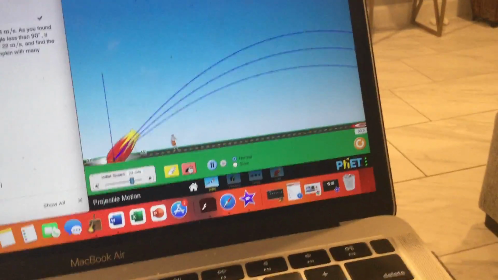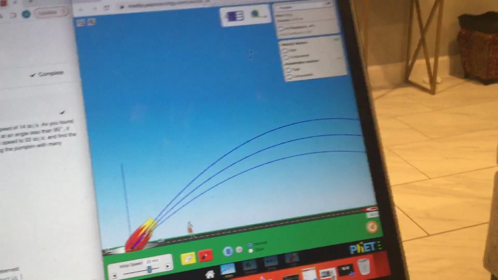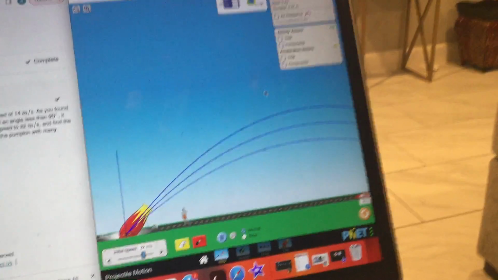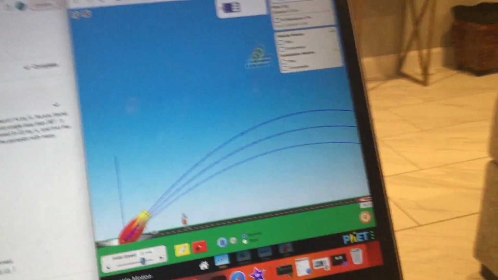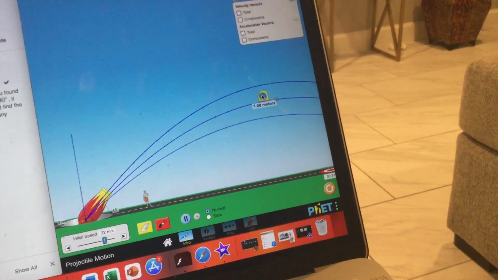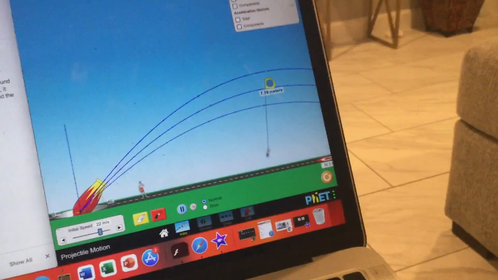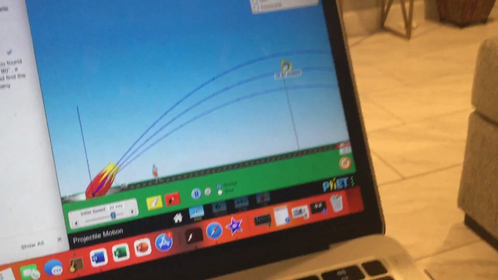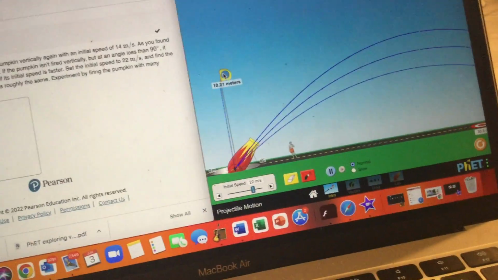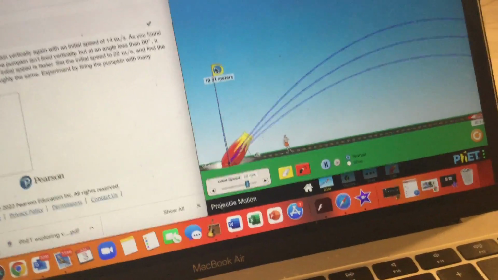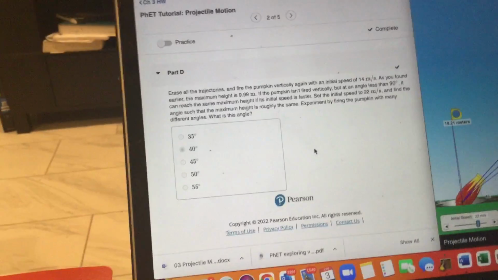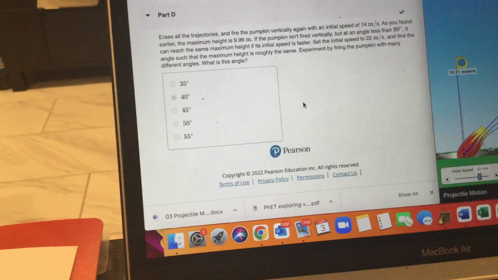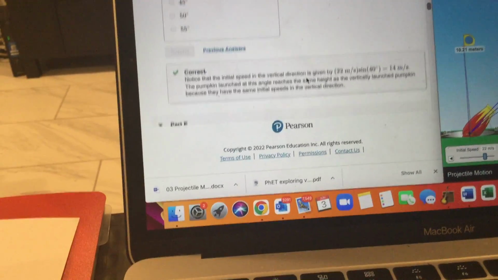So we can take this, and we can take the tape measure and measure for sure. We can see that these are the same, and so you say that part D is 40. Okay, now we'll go to part E.